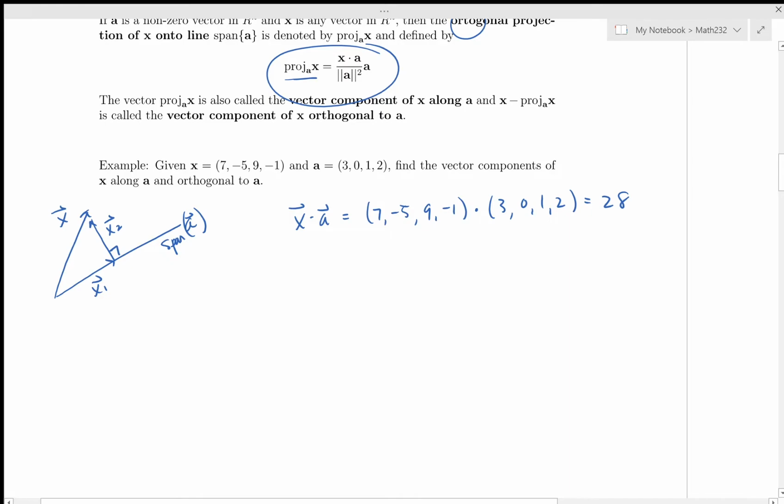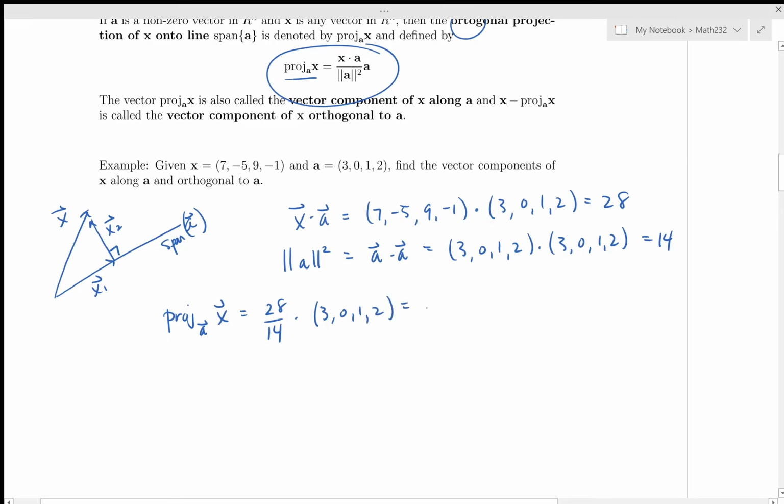Then we are going to take the norm of A squared, and that is A dot A. That is (3, 0, 1, 2) dot (3, 0, 1, 2). That comes out to 14. Okay, so then the projection onto A of x is 28 over 14 times A.